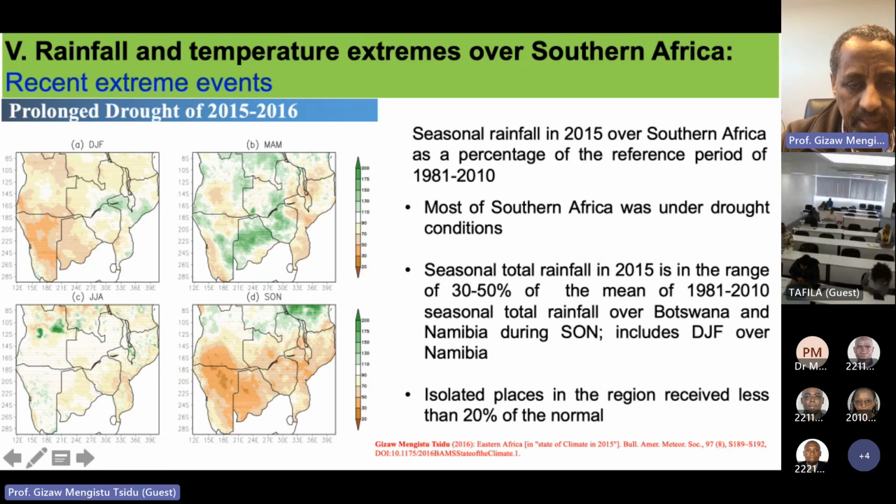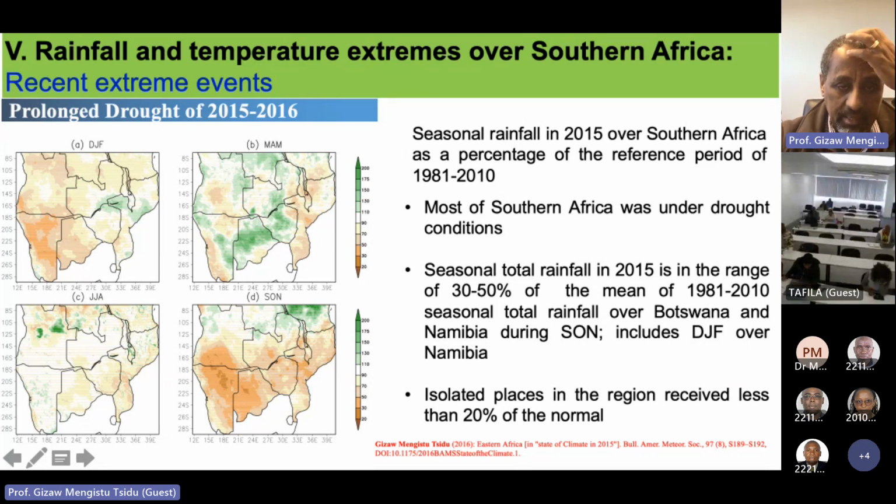So you can see Namibia during DJF and part of Botswana, the mean rainfall was below 30% of the normal. So there was a loss of about 30% of the normal rainfall during 2015 over this area.